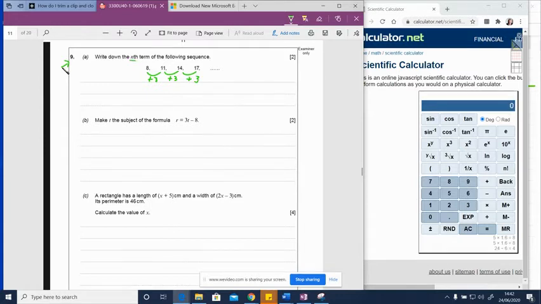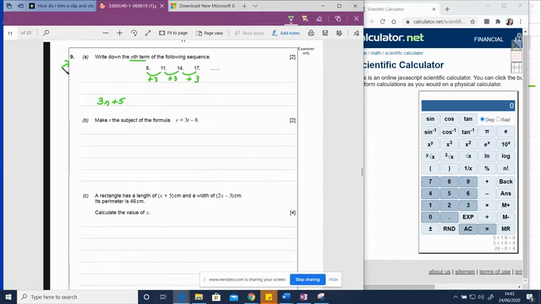So when working out the nth term, I know because you have to add 3, the first part of the nth term is going to be 3n. But if I try that with the number 1, when n is 1, 3 times n is 3. I have to add 5 to get it to be 8. So what I'm suggesting here is that the nth term is 3n plus 5.